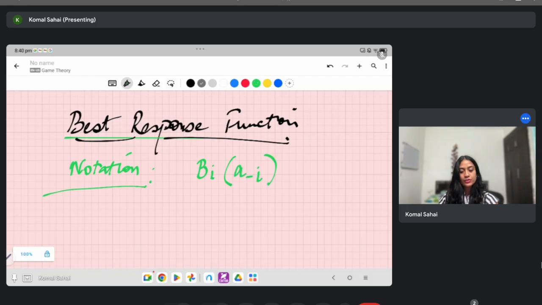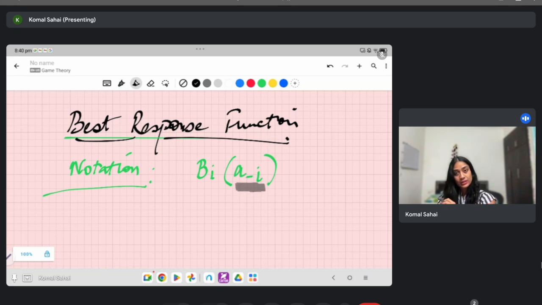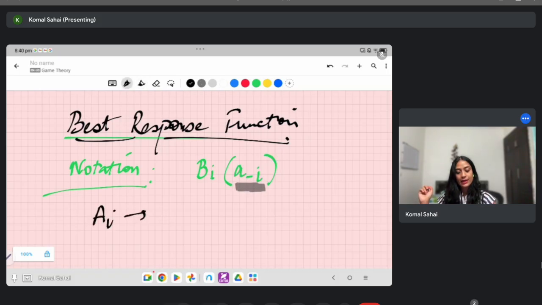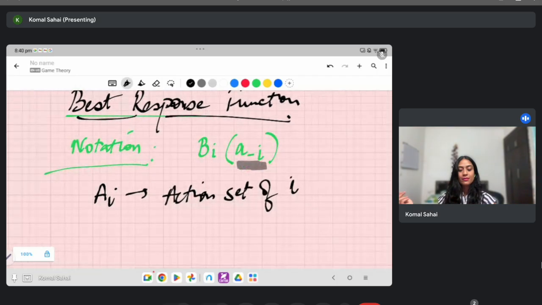The argument is this, जो हमारा x वेरिएबल जाता है, और जो y वेरिएबल हमारा फंक्शन थ्रो आउट करता है is an action from the action set of player I, है ना. So player I का action set क्या है? AI, action set of player I, right? So in case of prisoner's dilemma, this AI will essentially be equal to quiet and fake, ठीक है.